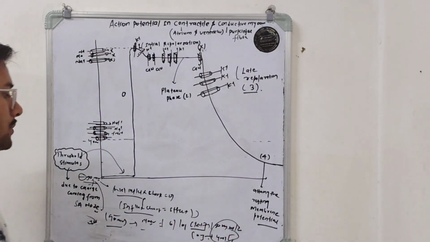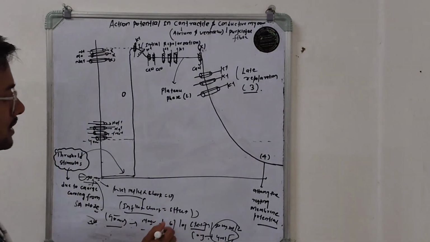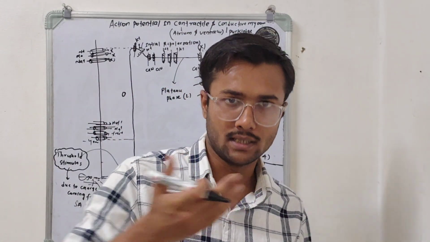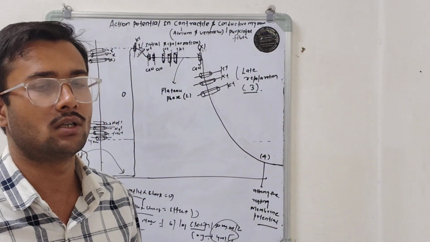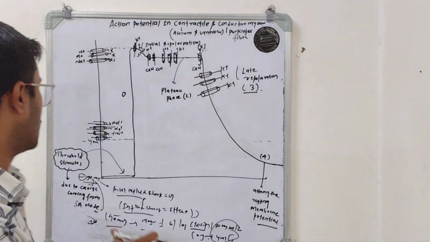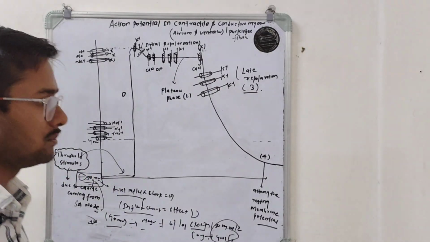So when we put this value in the Nernst equation, 61 log concentration of potassium ions inside the cells upon concentration outside the cells, the value comes to approximately 90 millivolts.